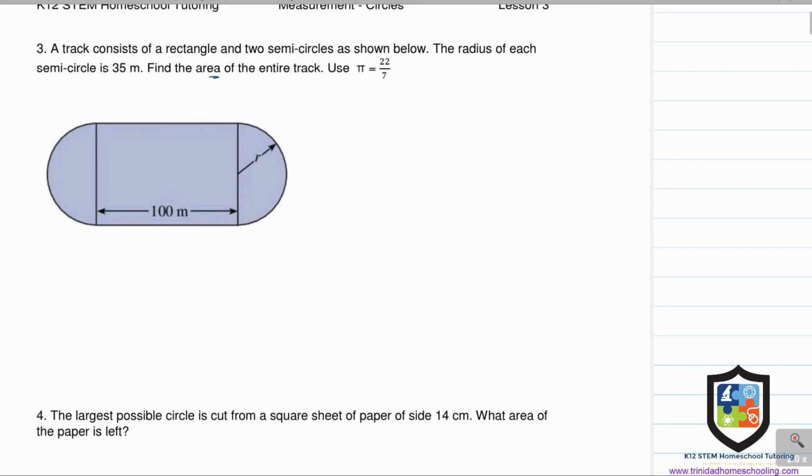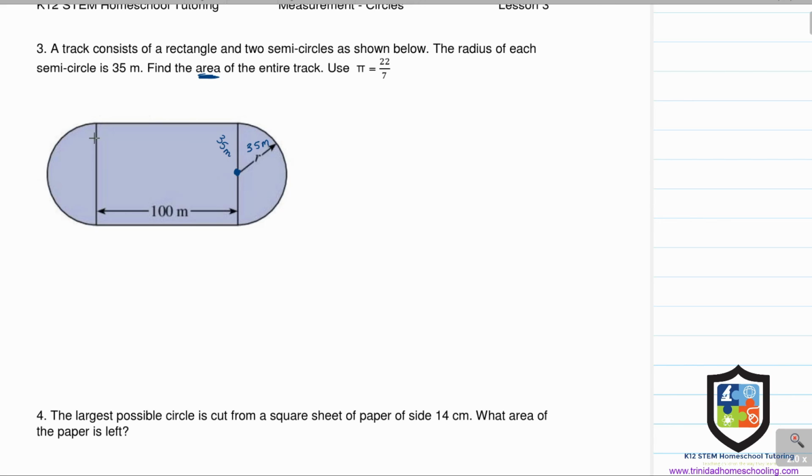Find the area of the entire track. So we have a rectangle. If you notice here, half of this side of the rectangle starts here, and this is R, and R is 35 meters.